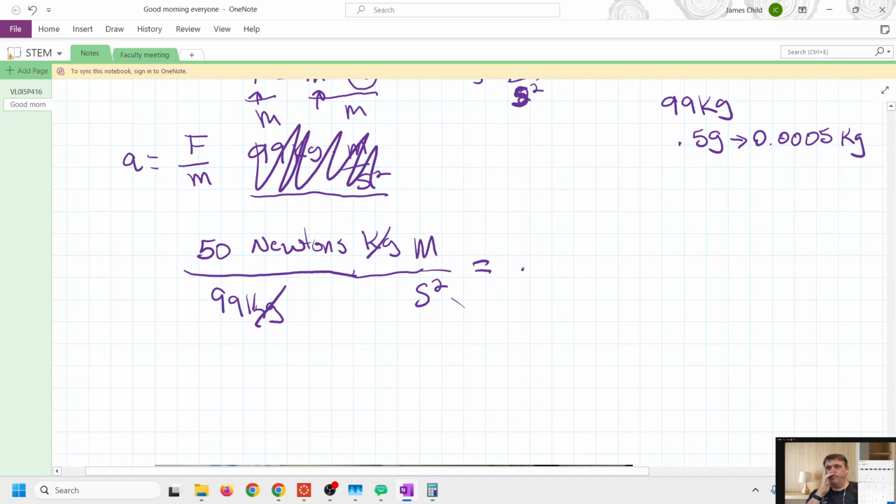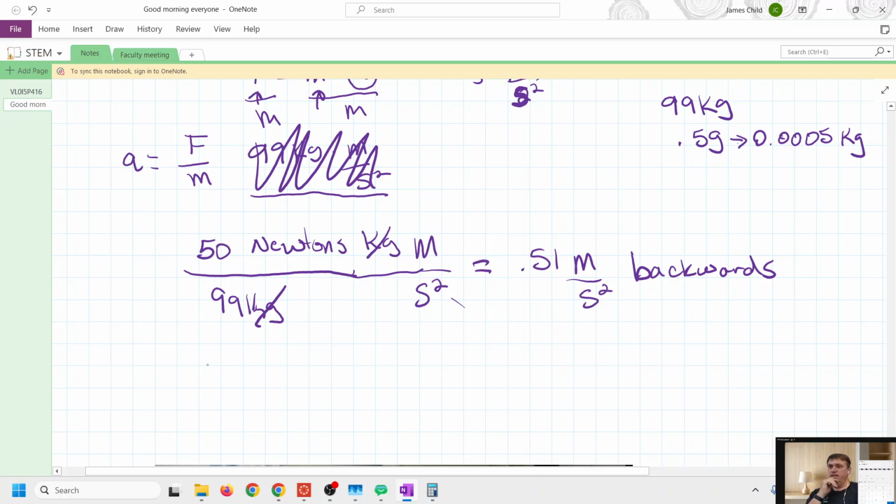So 0.51 meters per second squared, and that was my acceleration in the backwards direction. It was pushing my face back when we collided, okay?